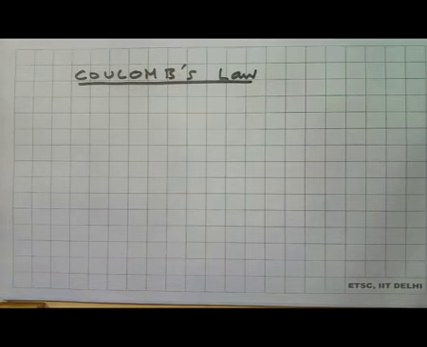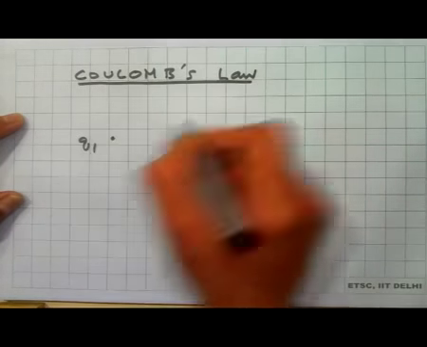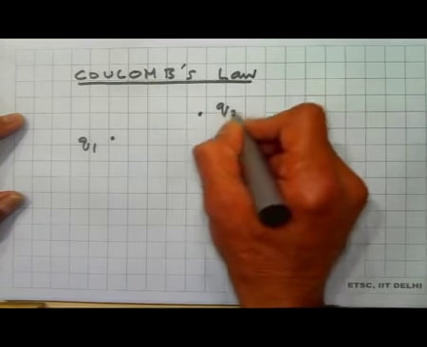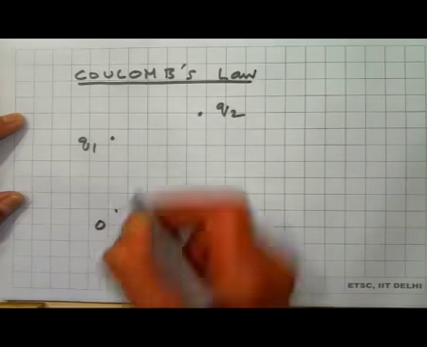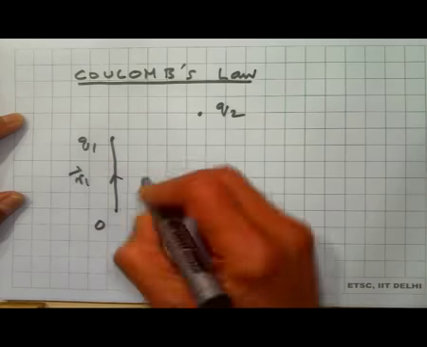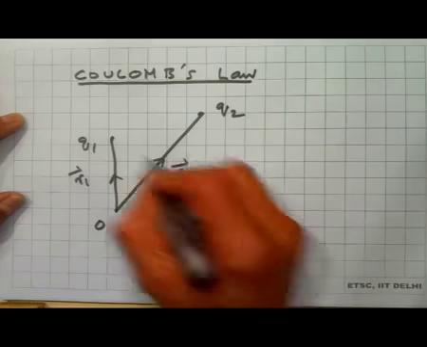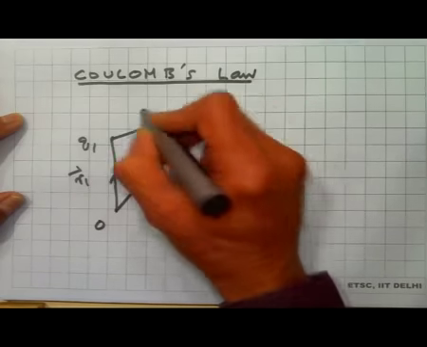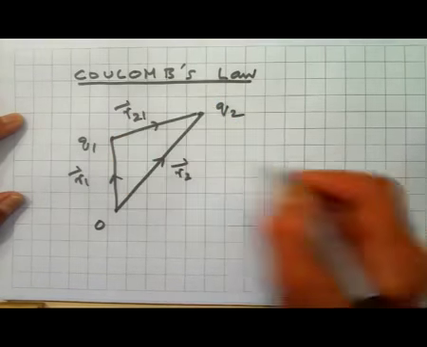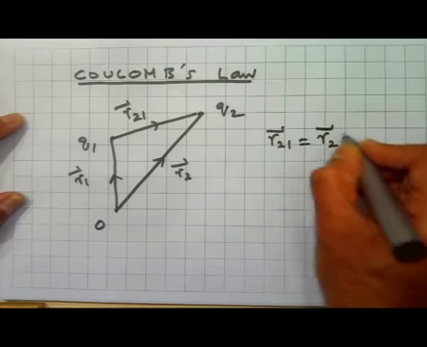Force between two charges. Let me recall, if I have a charge q1 and another charge q2, and this is my origin, I have one vector here called the r1 vector, and another vector called the r2 vector. This vector is the r21 vector, and r21 vector is equal to r2 minus r1.